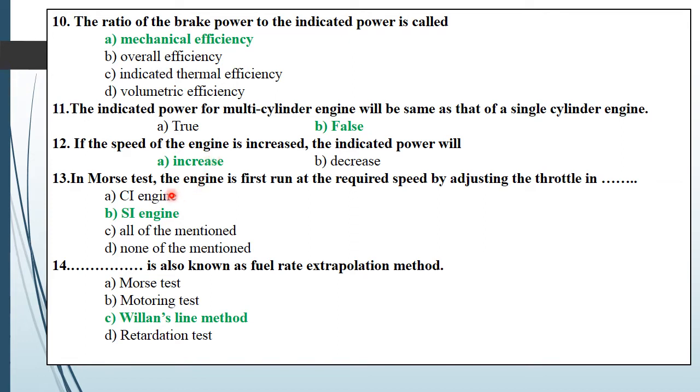Next, in the Morse test, the engine is first run at the required speed by adjusting the throttle in: CI engine, SI engine, all of the mentioned, none of the mentioned.